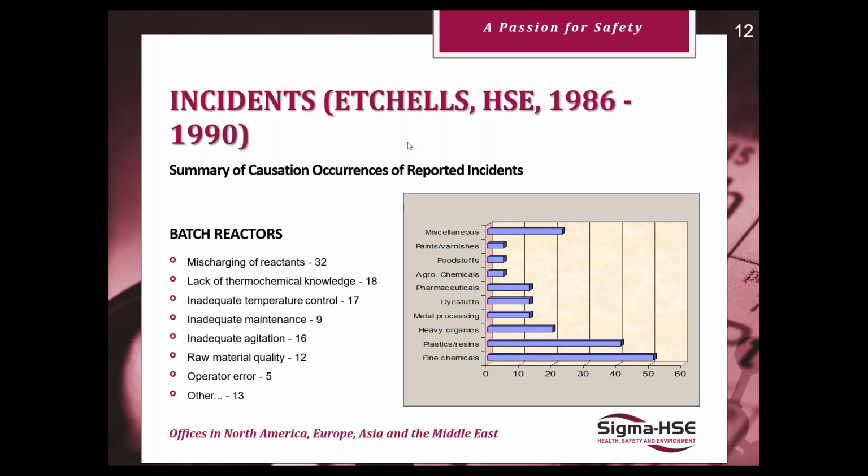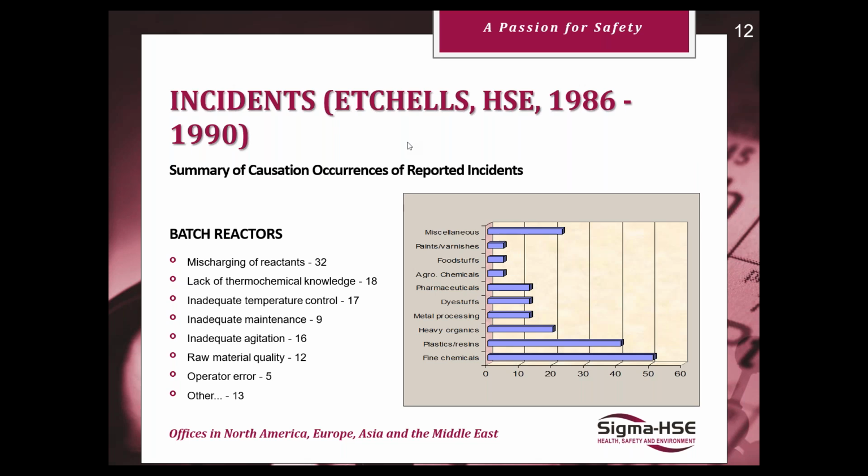We've picked out a UK example here from the HSE, and it shows the variety of different industries which can report incidents from thermal runaways or loss of control scenarios. And as we can see, there's quite a list of different causations given for why these runaway reactions occurred.